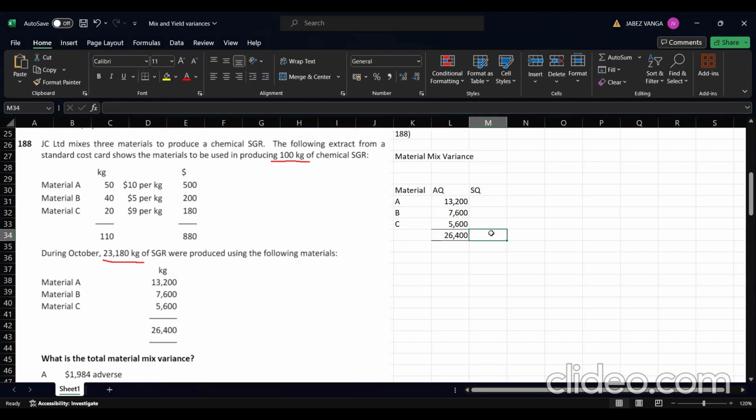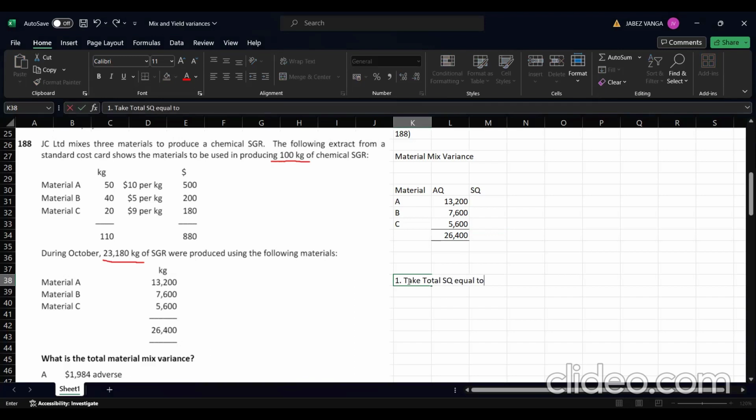So for that reason, step number one, you can remember that: take total standard quantity equal to total actual quantity. So what is total actual quantity? We say 26,400. So 26,400 is the total standard quantity. Now that's fine, but what is the proportion in which we would have material A, B, and C? The proportion would be the original quantity composition that is mentioned.